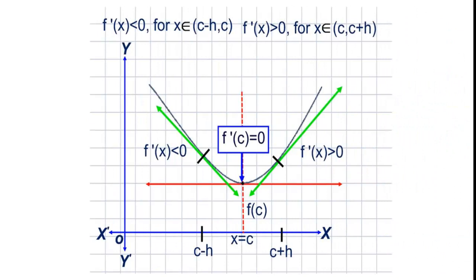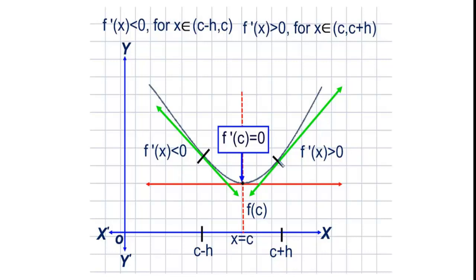Now let us see a better graph of the function f(x). Here, as discussed earlier, observe that the slope of f(x) has a negative sign in the left neighborhood of c since the function is decreasing. Therefore, f dash x is less than 0.